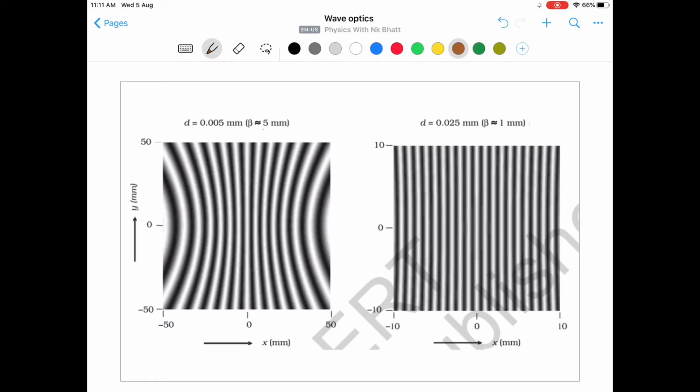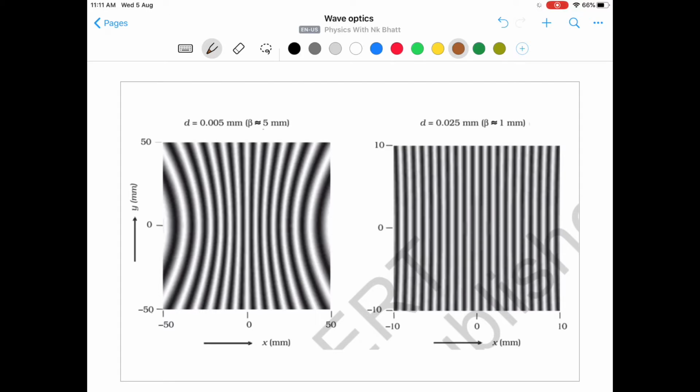Wherever you see the white lines, these represent constructive interferences, and the dark, black lines represent destructive interferences. In the last video lecture, we learned about the positions, at what position the bright band will form and at what position the dark band will form, and how we can find the positions on the screen by using the given formula.